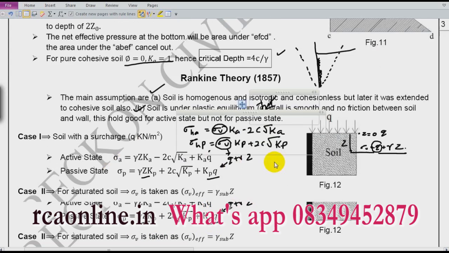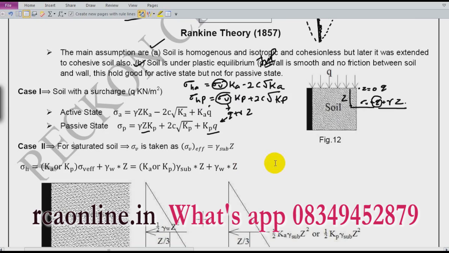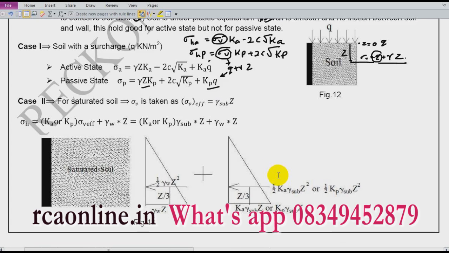Now come to the second part, when the soil is saturated. Friends, this is very important. When the soil becomes saturated, what will happen? We will have our sigma V as gamma submerged into z, so at any depth z my sigma V will be gamma submerged into z.